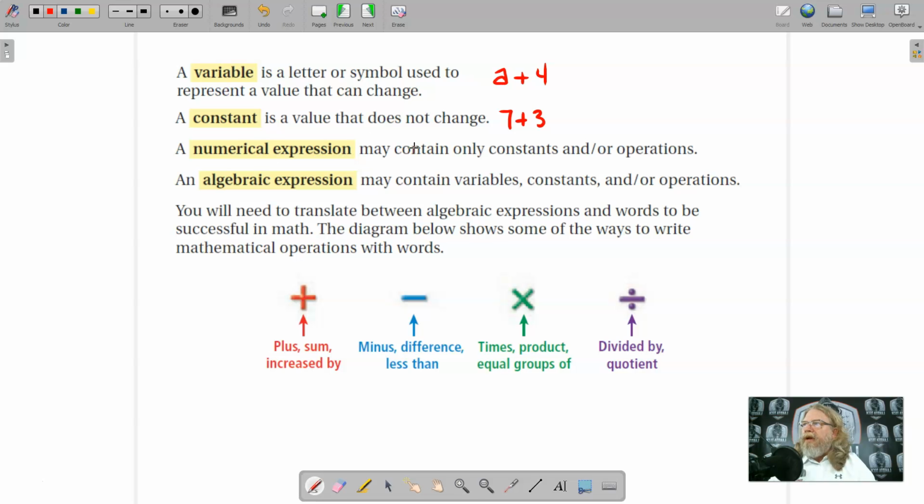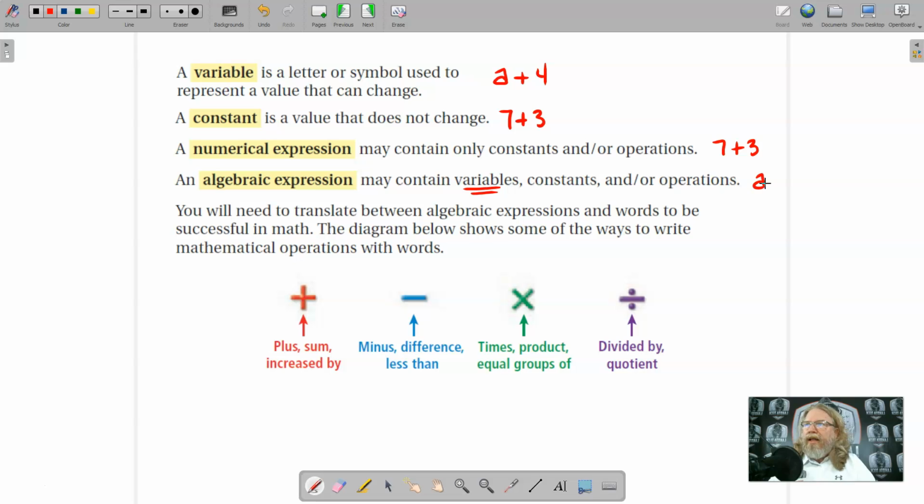A numerical expression may contain only constants and/or operations, such as, we'll use that 7 plus 3 again. In this case, I have numbers such as 7 and 3. Those are constants. And then I have an operation. In this case, I'm using addition. However, an algebraic expression is a little bit different than a numerical expression in that it might also contain variables.